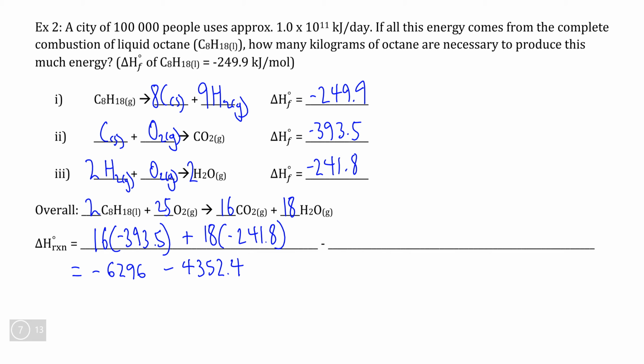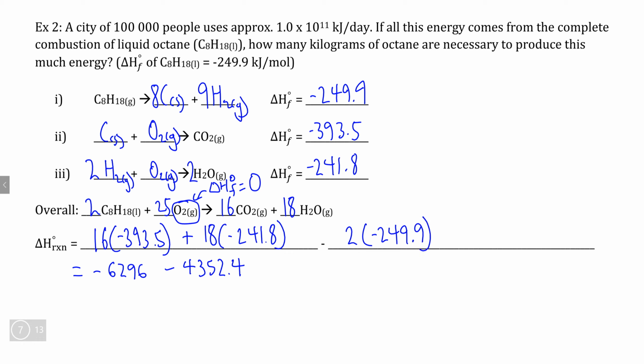Now, for our reactant molecules, this is significantly less work because we remember that oxygen gas is an element in its standard state, which means that we don't actually need to write anything for its enthalpy of formation because the enthalpy of formation of elements in their standard state is assumed to be 0 because they have effectively always existed. So the only number we need to add is 2 times the standard molar enthalpy of formation of octane here.